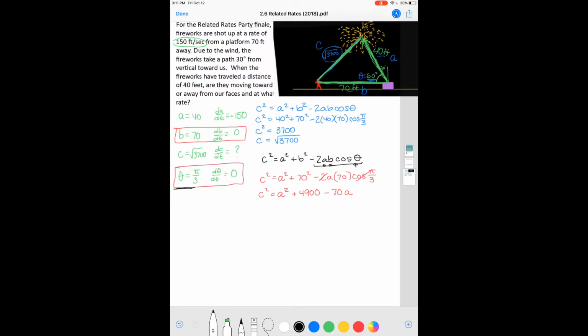The derivative of C squared is 2C times C prime, dC dt, because C is changing as time changes. The derivative of A squared with respect to time is 2A times dA dt. The derivative of 4900 is 0, and the derivative of minus 70A is minus 70 times A prime.